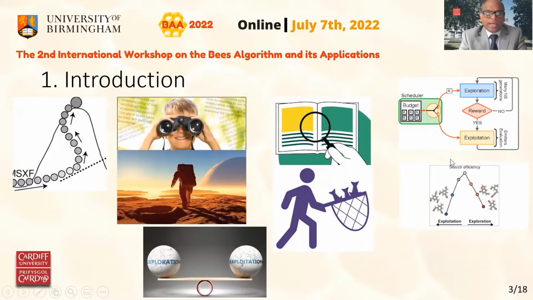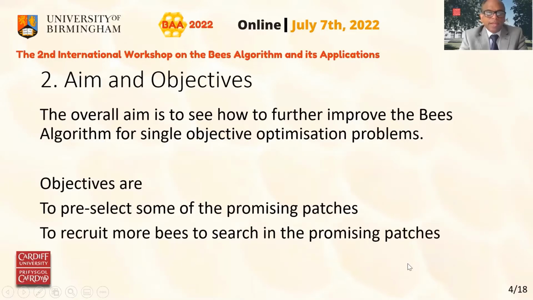And so this way you can have a healthy balance between the exploration and exploitation. So the overall aim is, of course, we want to make the BEAS algorithm find the solutions more effectively. So although this is done for single objective, this can also be applied on problems with multi-objective situations.